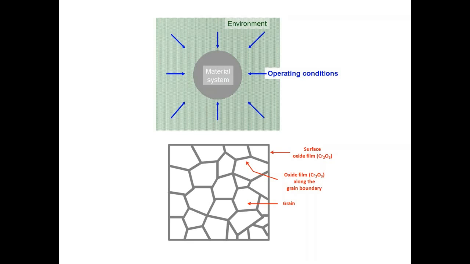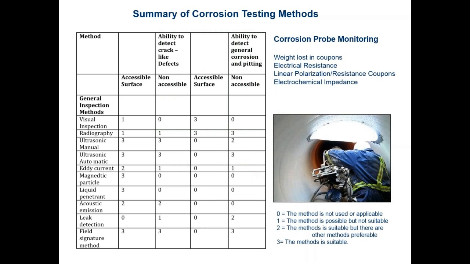So we need to have an asset integrity management program, inspection, monitoring, as well as different tools to do the job. Here is just a table summarizing the corrosion testing methods, where one can classify them in terms of accessibility, non-accessibility, their ability to detect crack-like defects, or their ability to detect general corrosion and pitting.